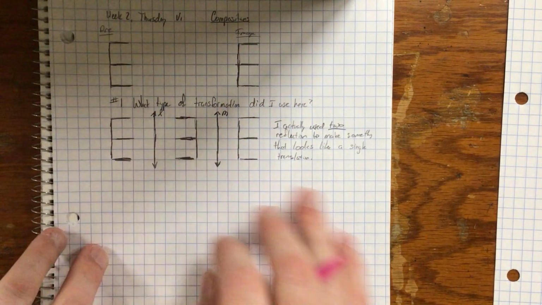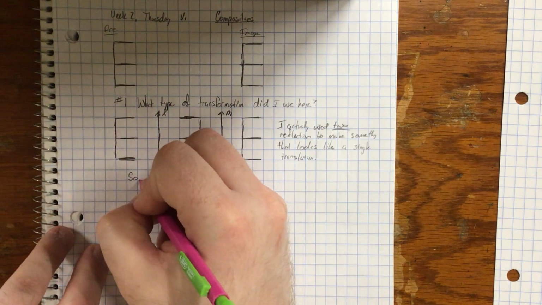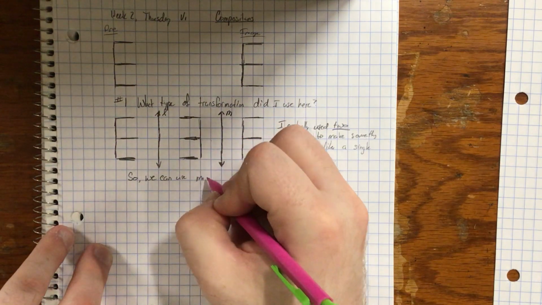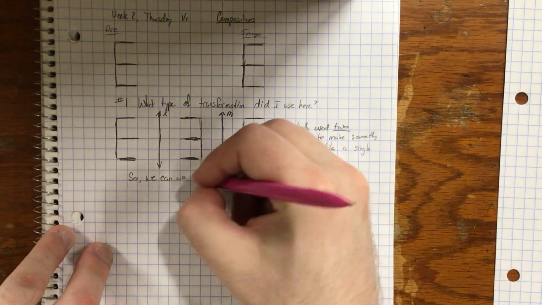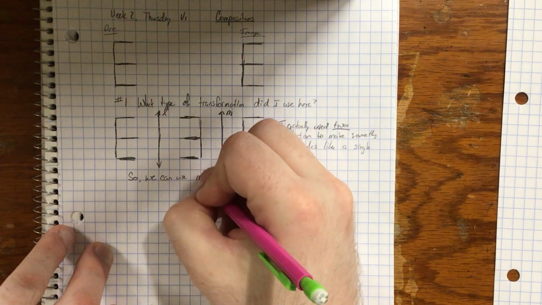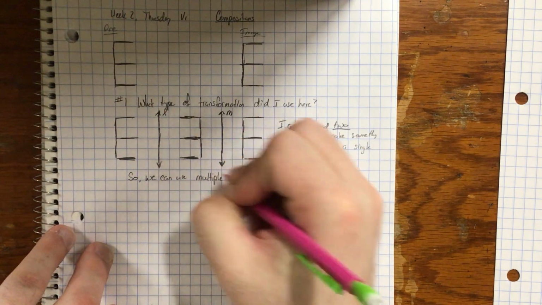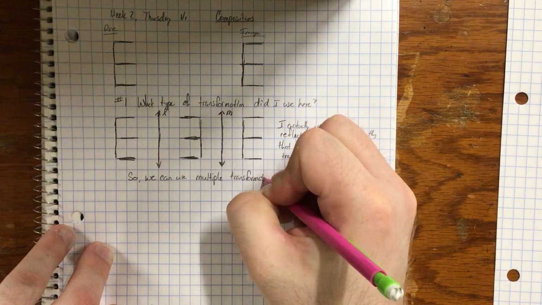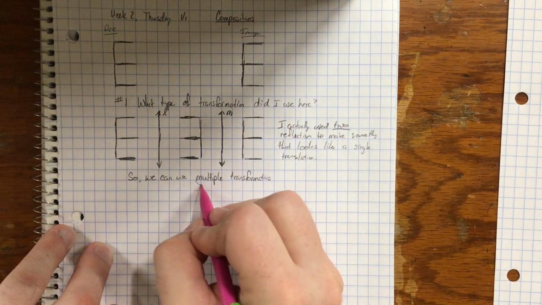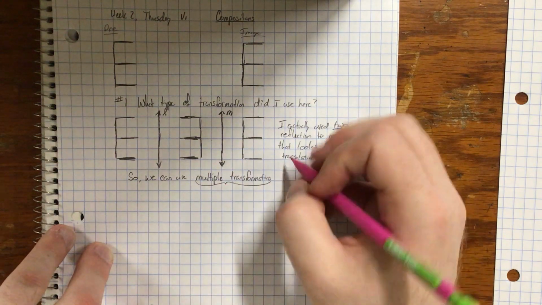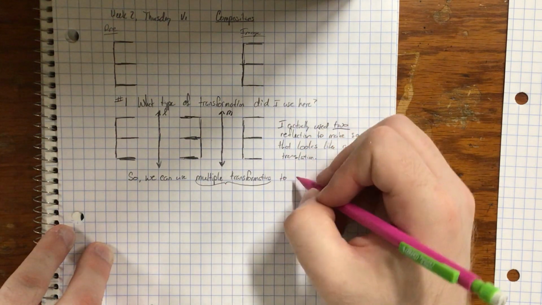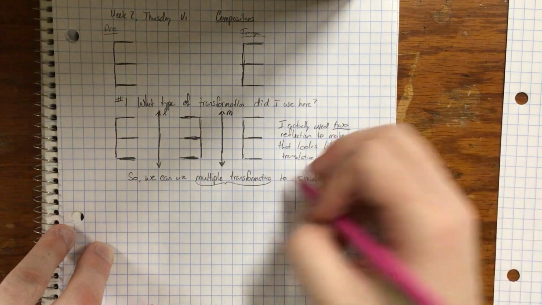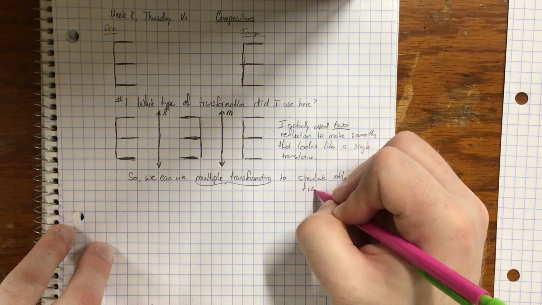So in other words, one of the things that we can do is we can use multiple transformations, that's not an M, that's an M with an extra, multiple transformations, and I'm going to do this here because I'm going to have another word for that, to simulate other transformations.